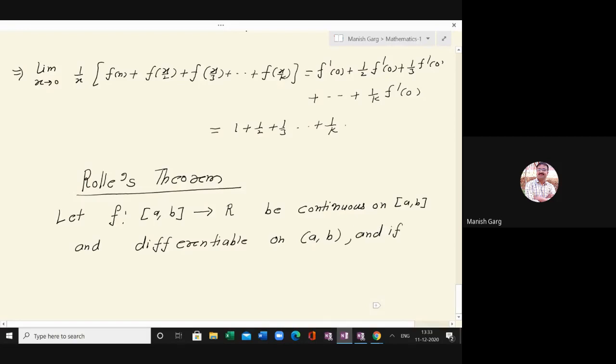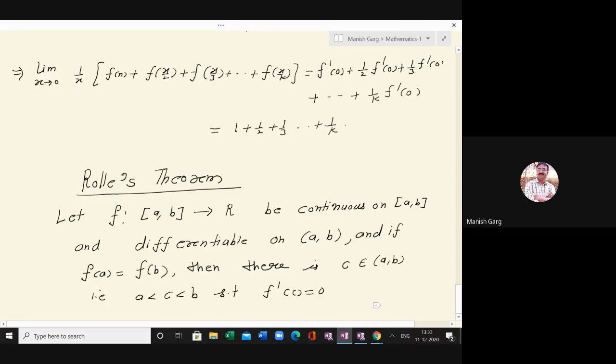If the value of the function at the endpoints is the same, then there is a point c in (a, b), that is a is less than c is less than b, such that f dash c is equal to 0. It may be more than 1.